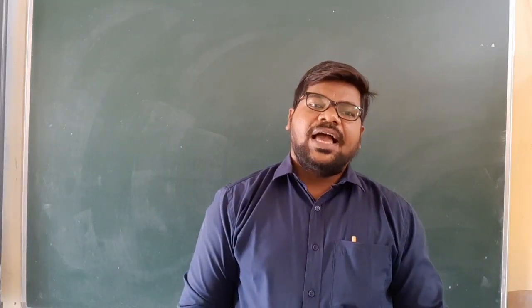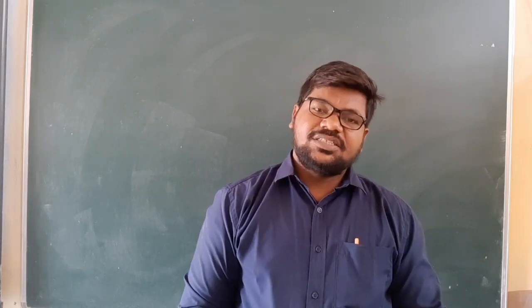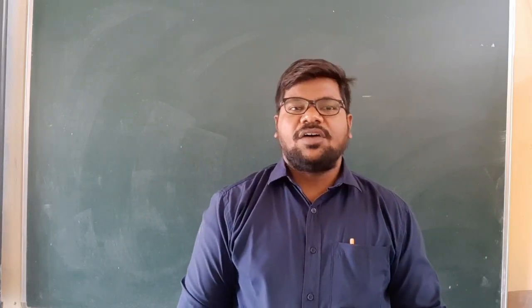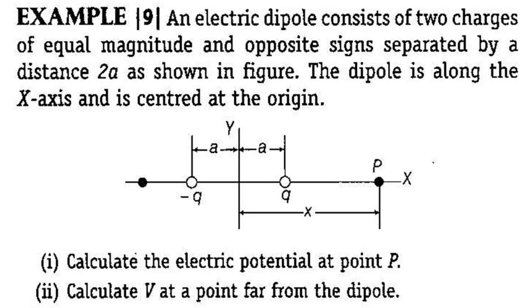Example 9. An electric dipole consists of two charges of equal magnitude and opposite sign separated by a distance 2a. In the figure, the dipole is along the x-axis and is centered at the origin.